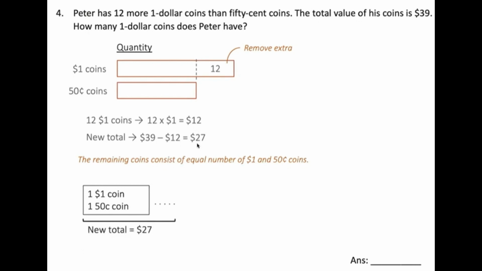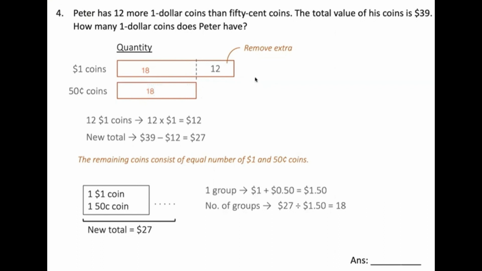Make sense? Any question? This is the concept. Now I know all the groups add up to $27, and one group has a value of $1.50. So if I use 27 divided by 1.50, I get 18 groups. 18 groups mean there are 18 $1 coins here and 18 50 cents coins here.